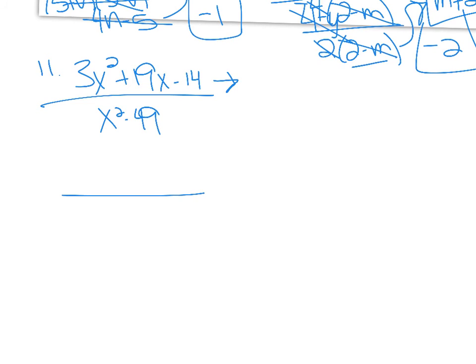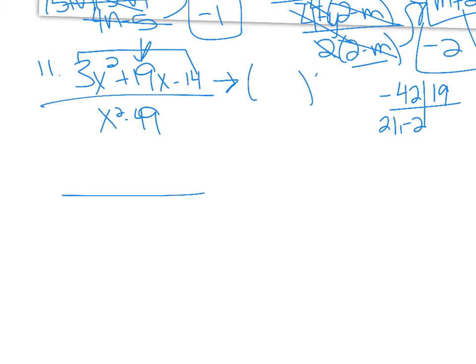When I start with 3x squared plus 19x minus 14, I know I'm going to be looking for 3 times 14 is negative 42, so I'm looking for factors of negative 42 that add to 19. That's going to be a 21 and a negative 2.